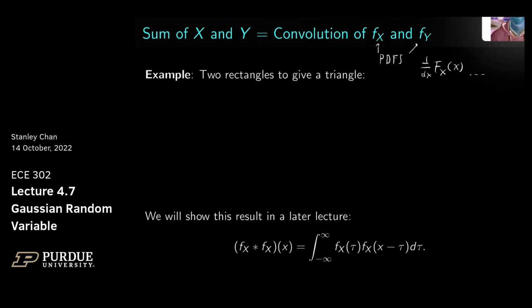But here we can get z is equal to x plus y, and you can get f of z just as the convolution of their two PDFs, which is really nice. Now you don't have to worry about the CDF stuff. Minor detail.